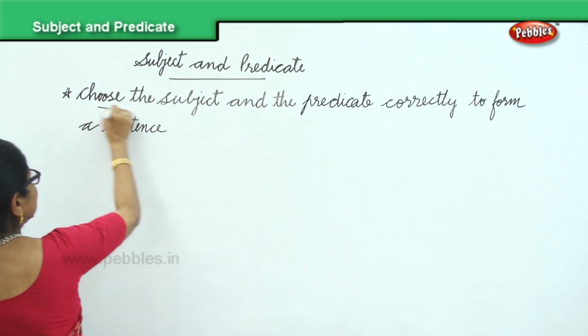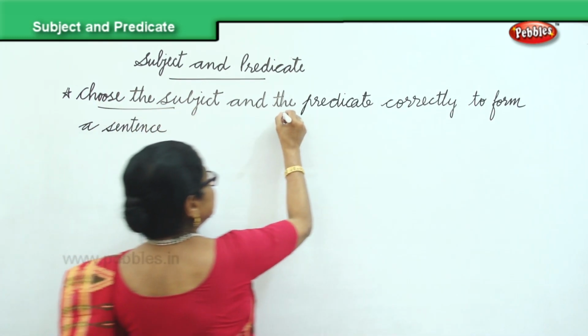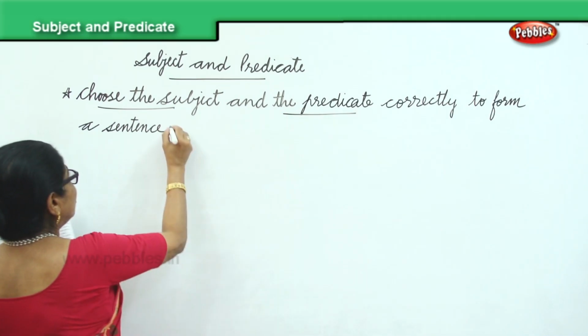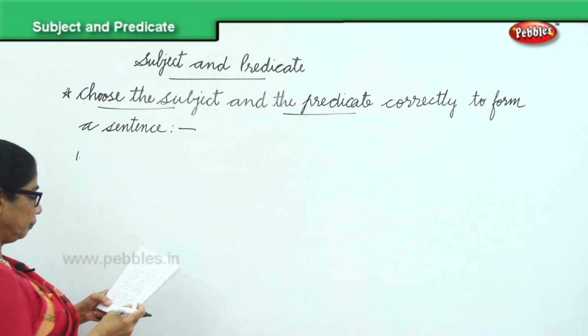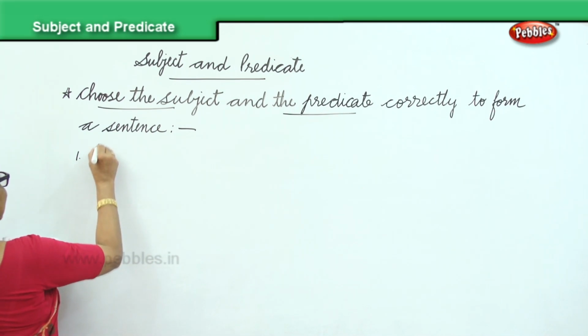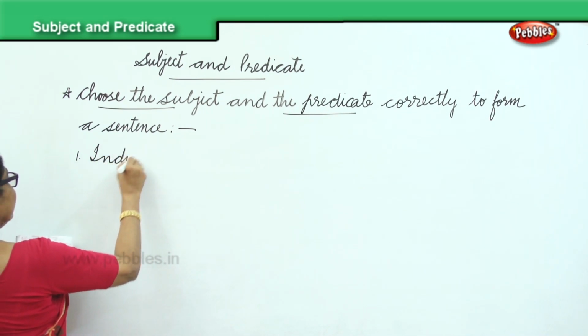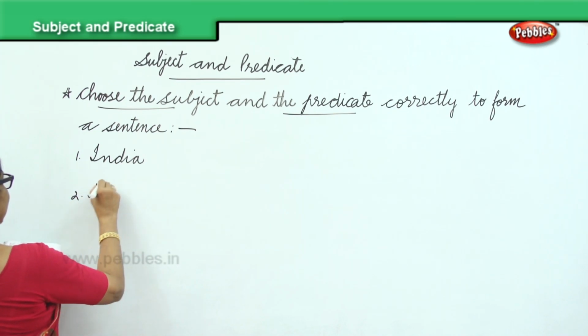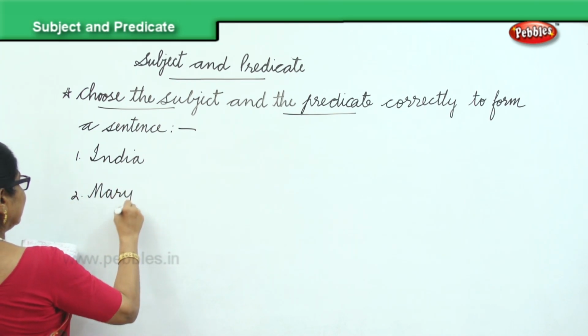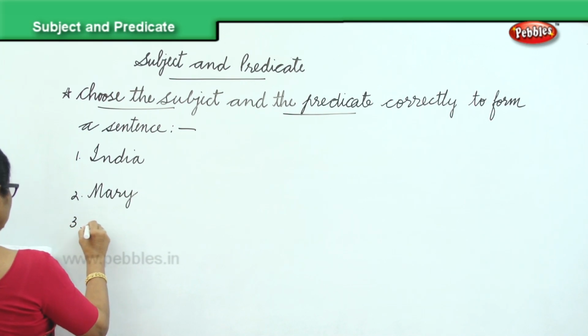So we're going to choose the subject, going to choose the predicate to form the sentence correctly. Okay? India. Second, Mary. And third, George.